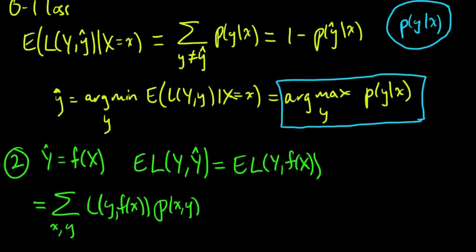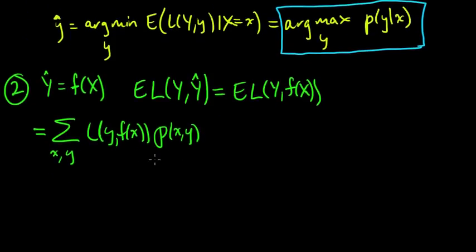And let's factor this. What can we do here? I think we want p of y given x times p of x. Yeah, that's what we want. We've just written down this expected loss, and we're playing with it to see what it looks like. So let's factor it this way.